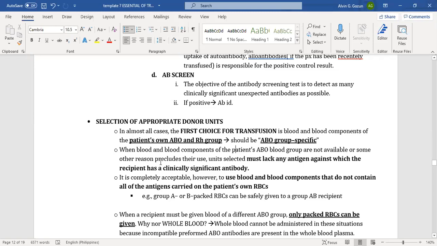Blood group are not available or some other reason precludes their use. Unit selected must lack any antigen against which the recipient has a clinically significant antibody.